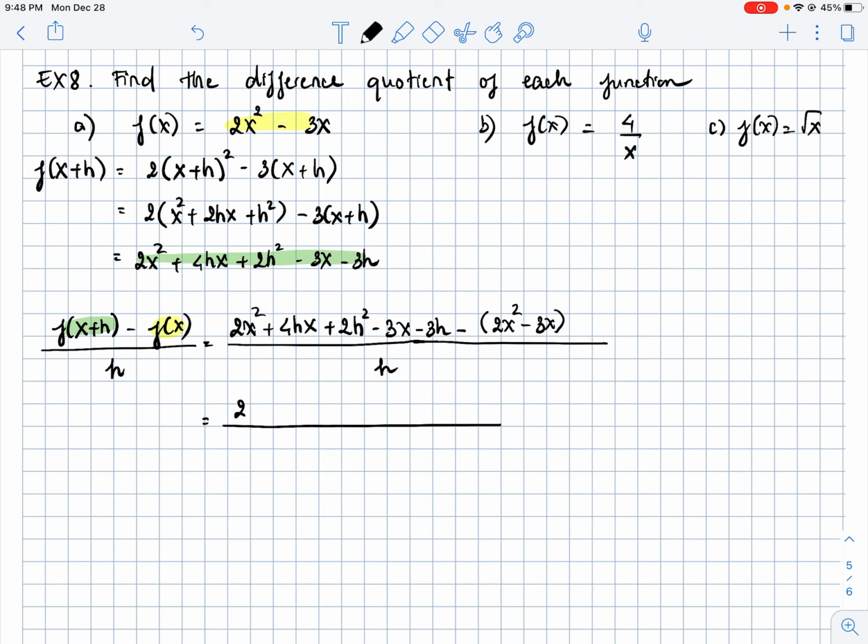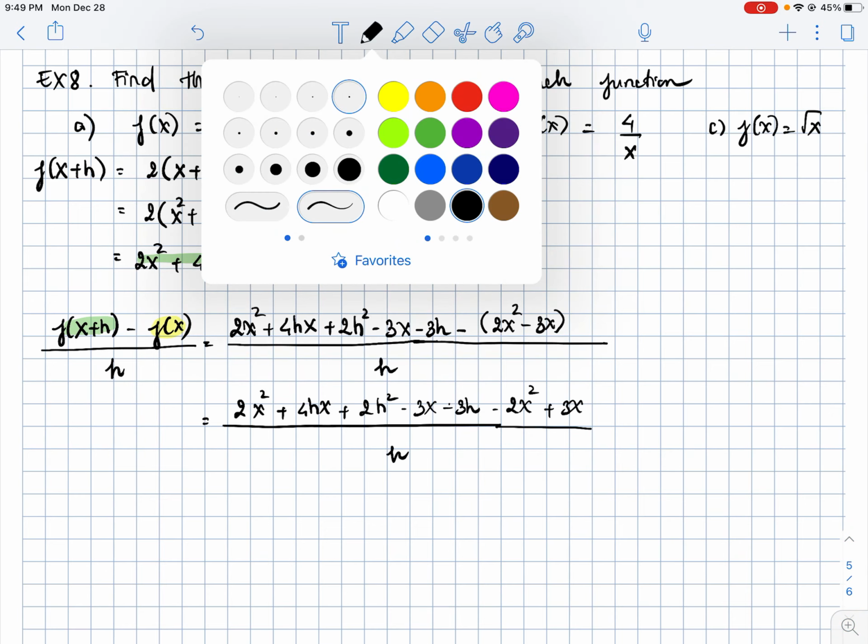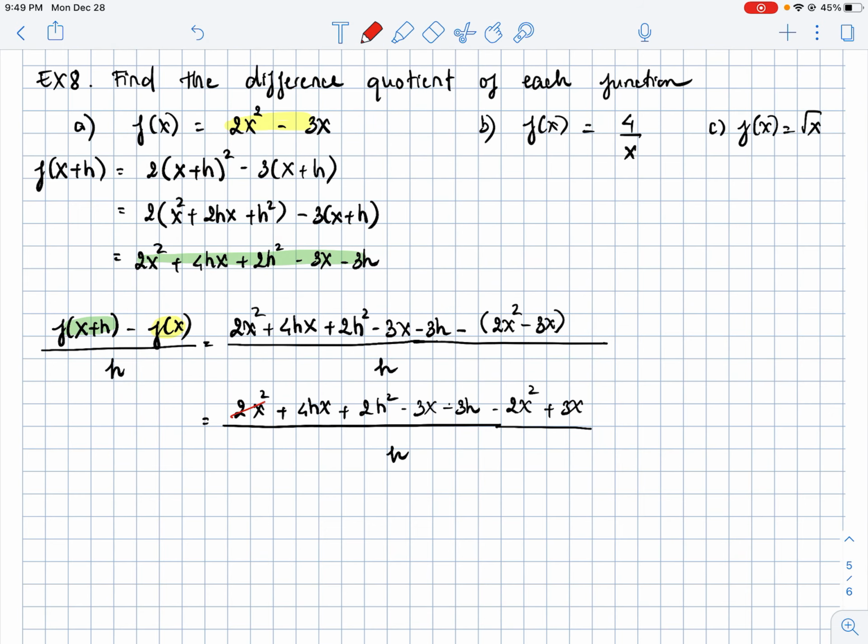To simplify more, we need to open parentheses and combine like terms. There are some like terms that we can cancel, like 2x squared and minus 2x squared, the 3x and the negative 3x.